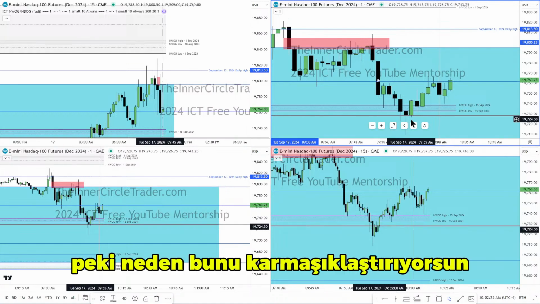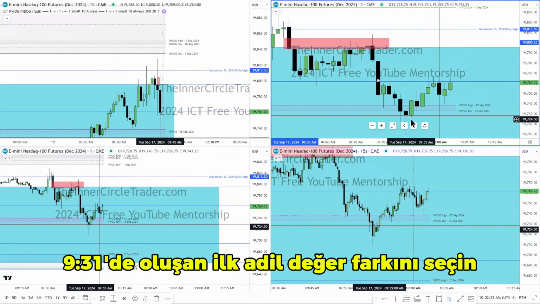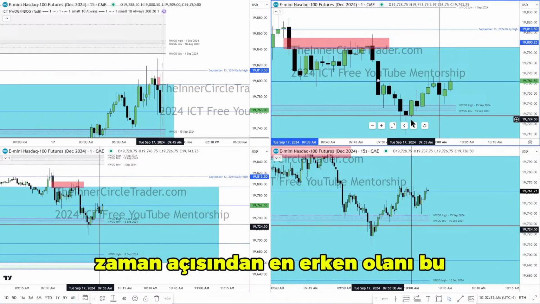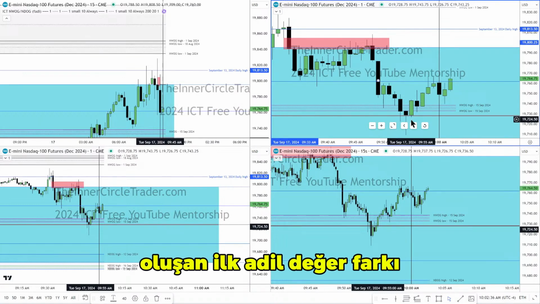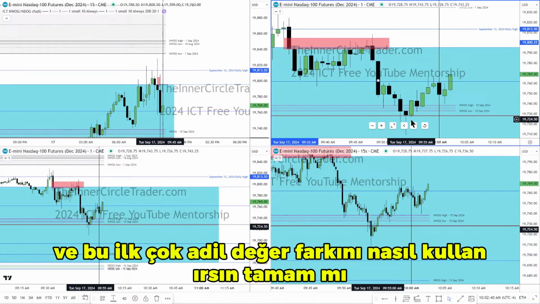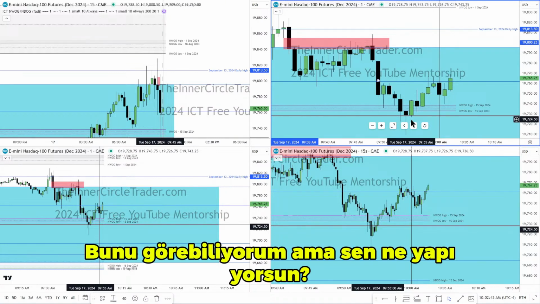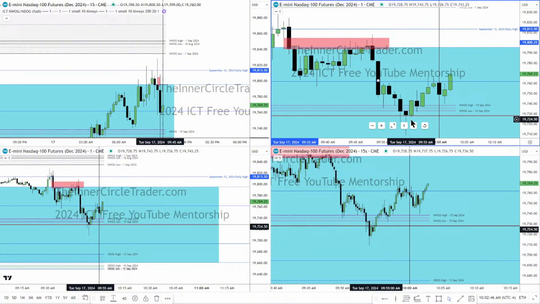So why are you complicating it? I'm not complicating it. You pick the first fair value gap that forms at 9:31. That's the earliest in terms of time. Between 9:31 and 10 o'clock in the morning, the very first fair value gap that forms. And how do you use that first fair value gap? Well, what did I just tell you about the opening range gap?